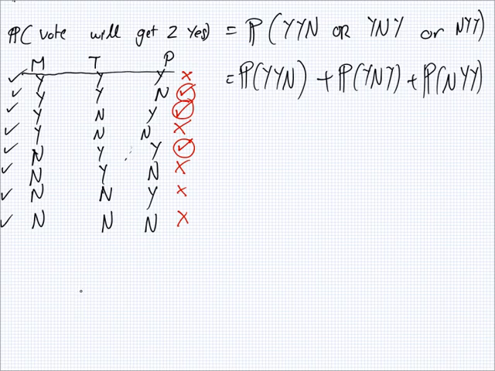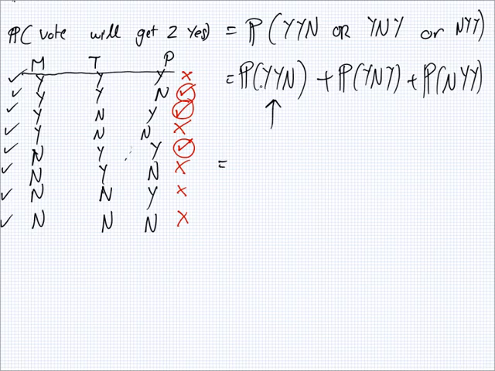Now, let's just say that Malik, Tony and Pony, the way they vote yes or no is very simple. They take out a coin and they flip the coin, and if it's heads they vote yes, and if it's tails they vote no. So let's have a look at the first possibility here.